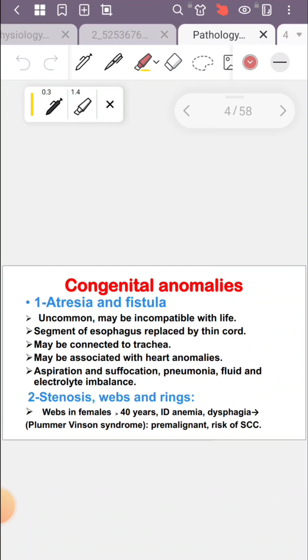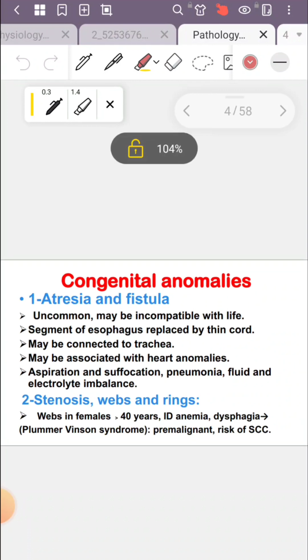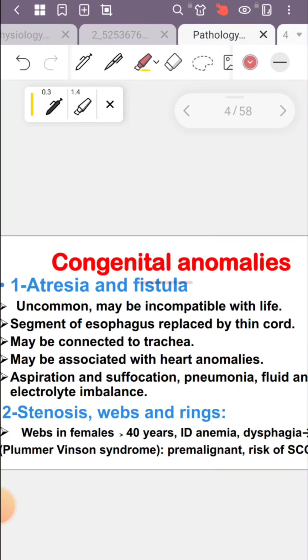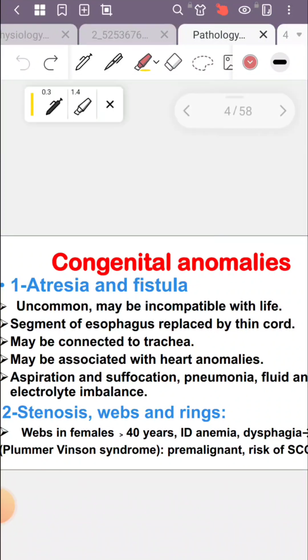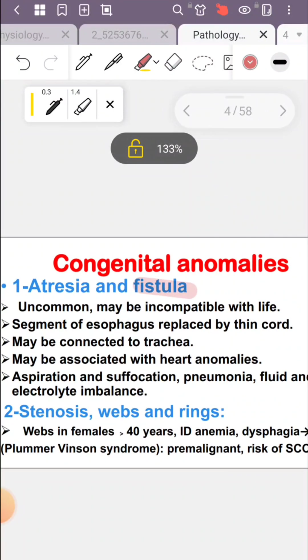Whereas a fistula is an abnormal connection between two tubes lined by epithelial surface. It is uncommon, it is incompatible with life, and should be corrected surgically. It will be connected to the trachea.